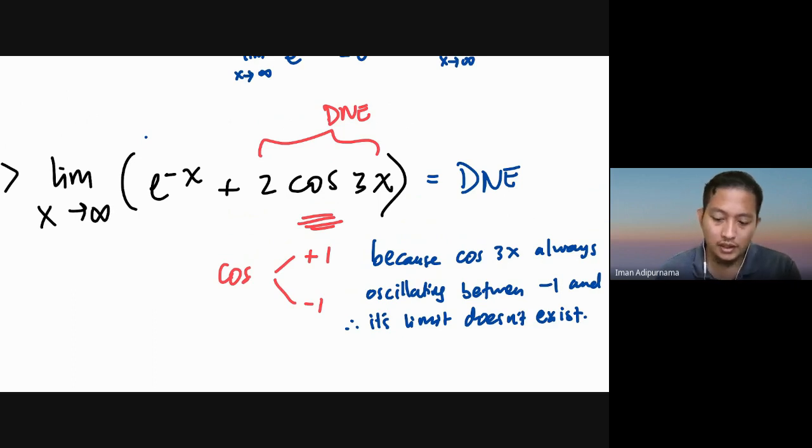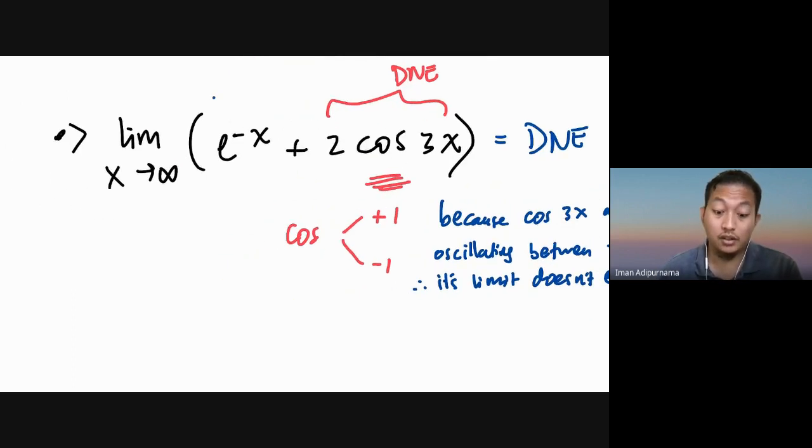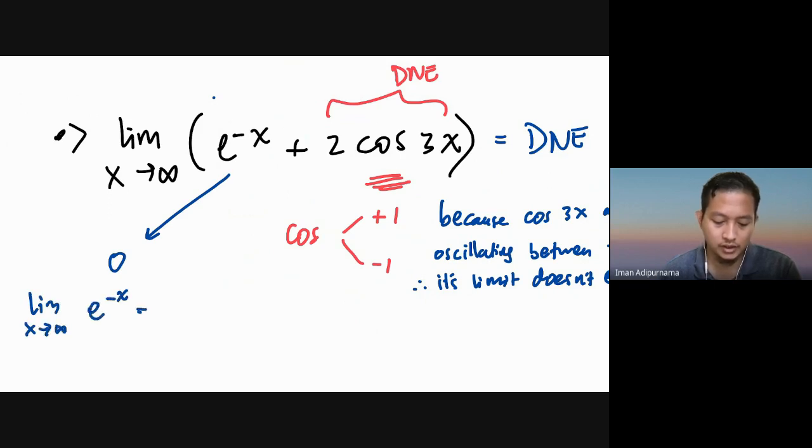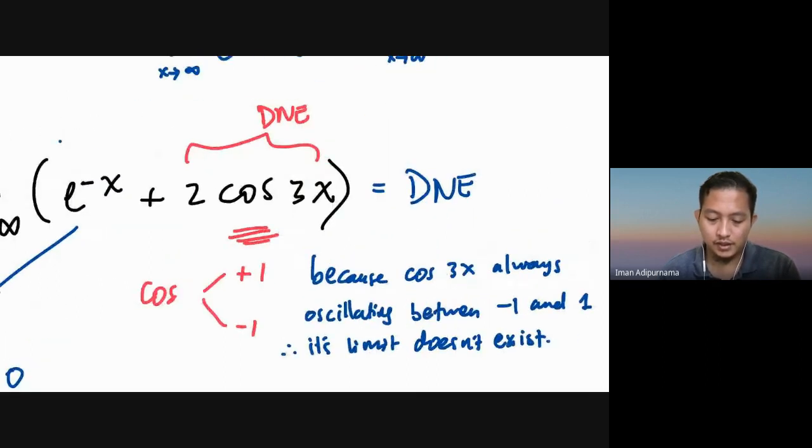And because this doesn't exist, the whole limit here doesn't exist. If you want to make sure that all the limits are already evaluated, for example, limit x approaching infinity of e to the -x, this is 0. But because this limit doesn't exist, the whole limit doesn't exist.